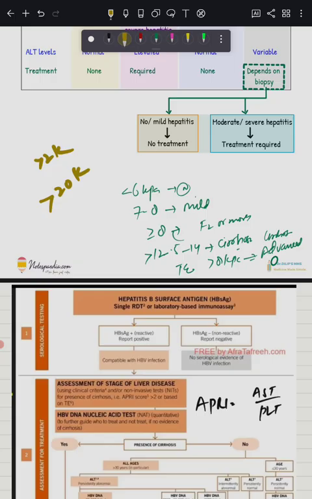So finally, the monitoring phase. For HCC surveillance, you will do USG plus AFP every 6 months. It detects cancer early. For treatment response, you assess DNA levels plus ALT to check suppression, because if DNA level comes down and ALT level comes down, even if HBsAg remains positive, this is an inactive carrier state.